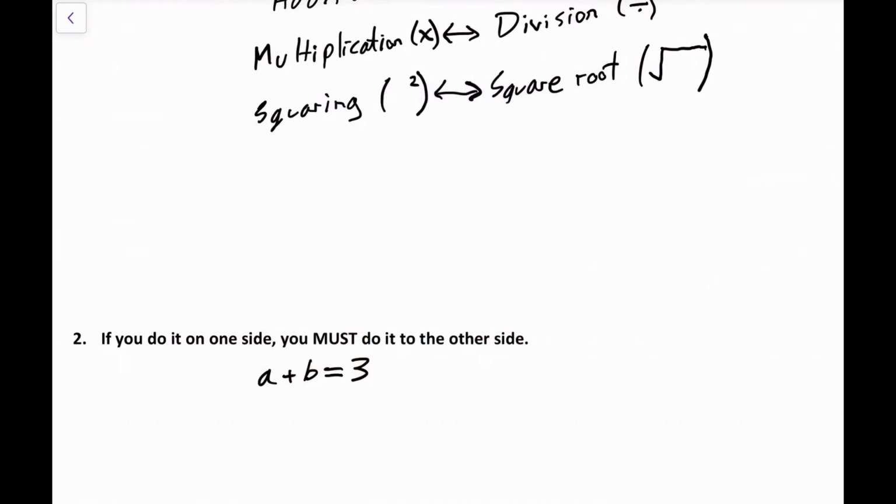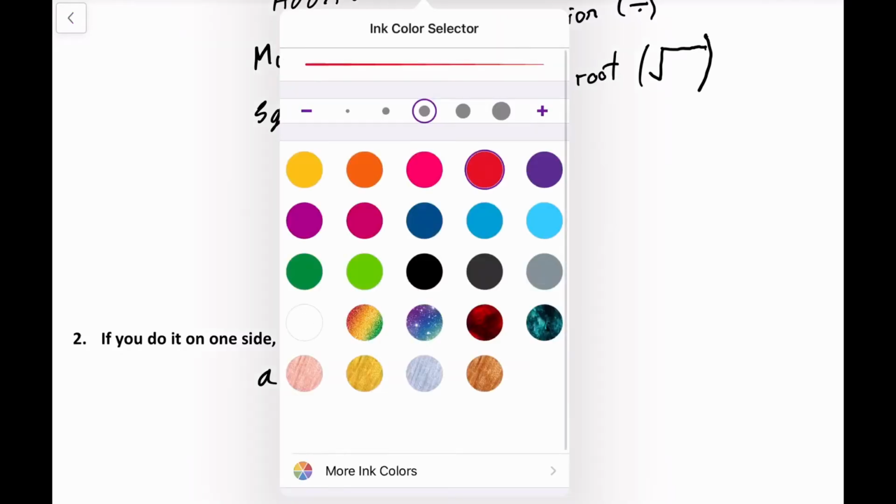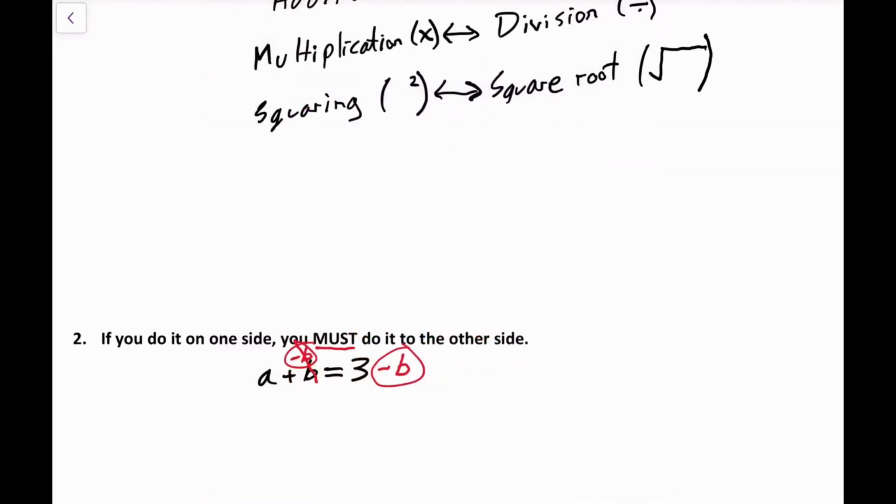We're going to subtract b on this one side, so we have to do it on the other side as well. You see we've got minus b on the left and minus b on the right, so we did the opposite operation on both sides. Then the b's on the left cancel out, and we are left with simply a is equal to 3 minus b.